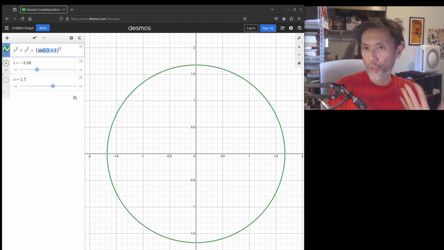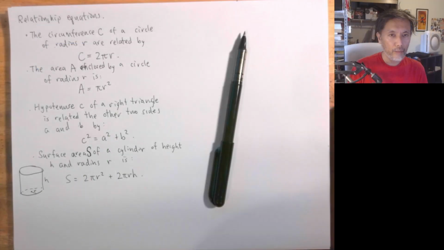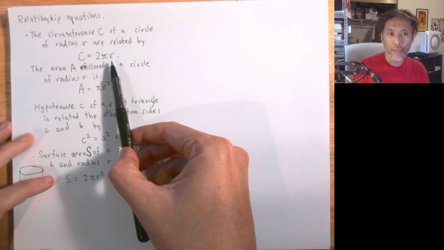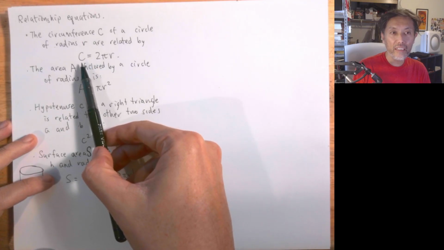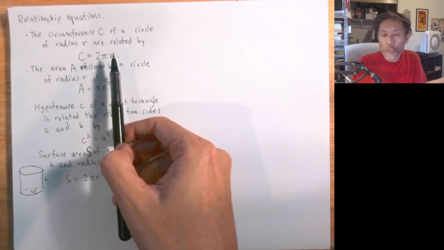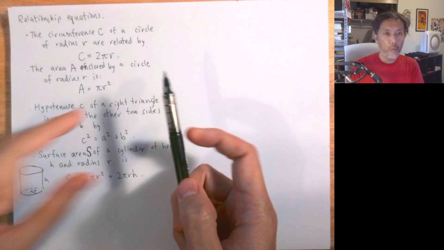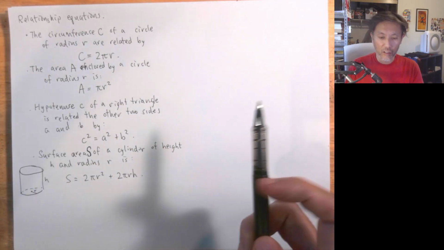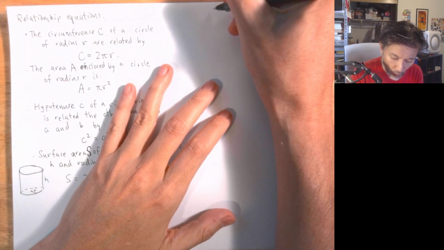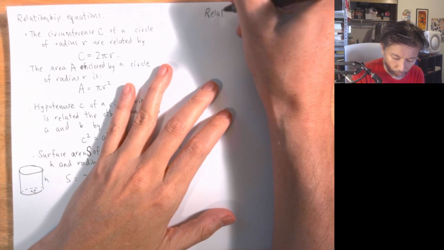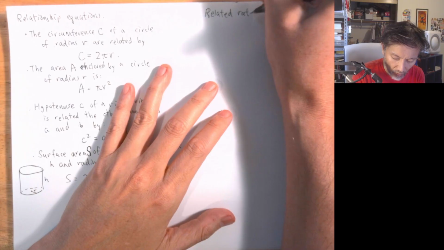That's the game with related rates, at least as far as this particular example is concerned. So imagine, please, that r is a quantity which depends on time. Then evidently C is also going to depend on time. But because C is equal to 2 pi r, what we could do to find such a relationship is take d/dt of both sides. And what we end up with is what I'm going to be calling the related rates equation.